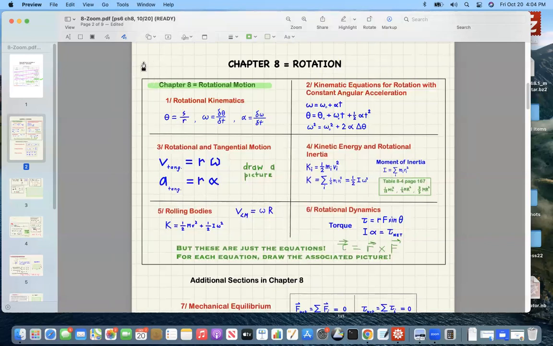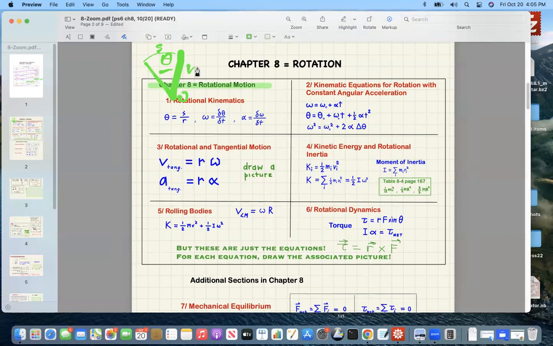So in other words, if there's some arc, kind of an arc around some origin. So here's the origin. Then this angle is theta.